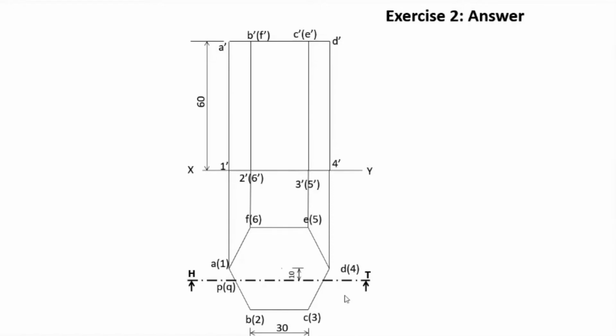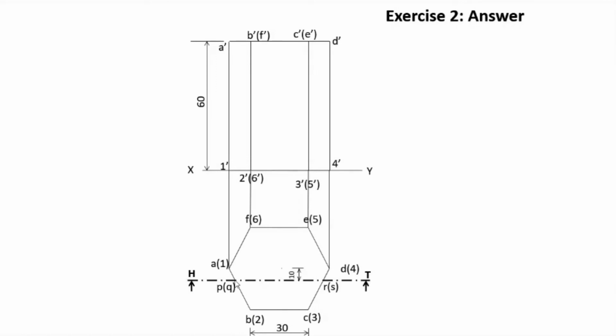Now, the newly generated edges. There will be 4 newly generated corners, two at the top and two at the bottom. So PQ and RS are the newly generated edges. The newly generated corners as well as the edges do not coincide with any of the existing edges.